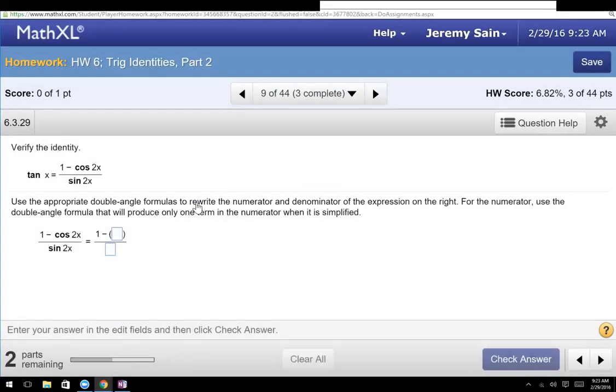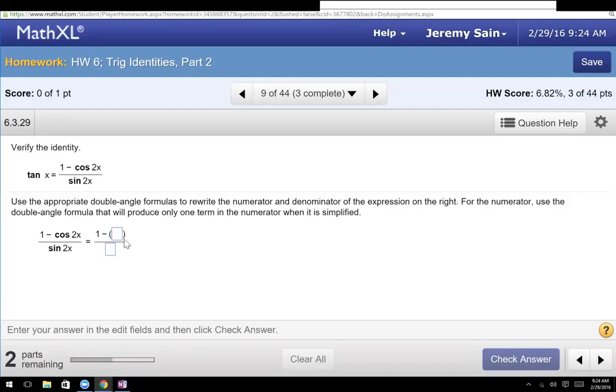So use appropriate double angle formulas to rewrite the numerator, denominator, and the expression on the right. For the numerator, use the double angle formula that will produce only one term in the numerator when it's simplified. I'm going 1 minus, so I want a formula that has a positive 1 in it. That way the ones will cancel.